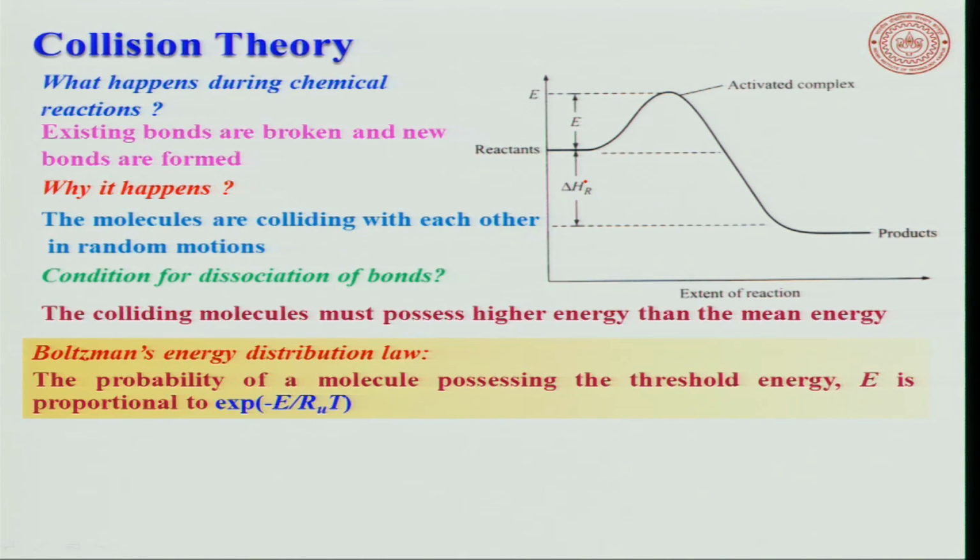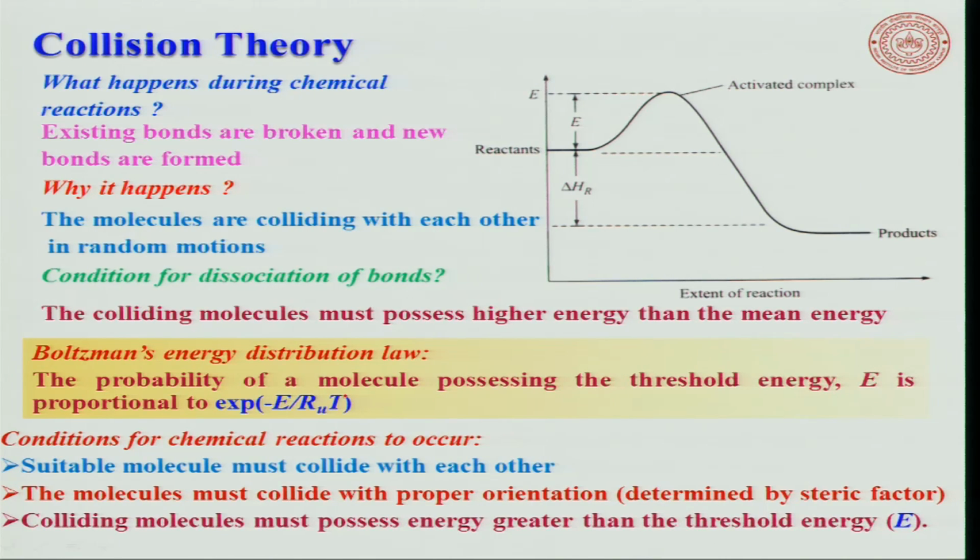So, what is the probability of a collision, rather a successful collision, taking place? That will depend on the Boltzmann energy distribution, which states that the probability of a molecule possessing a threshold energy E, which we call the activation energy, is proportional to exponential of minus E by RT, right.